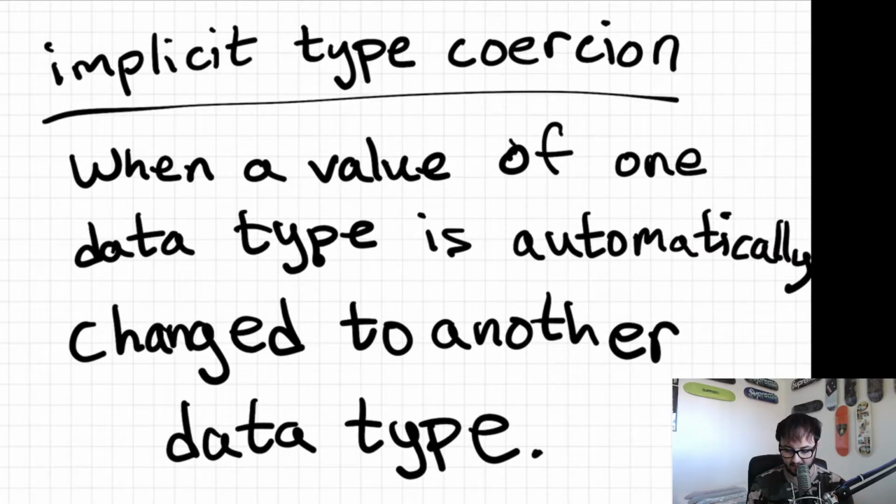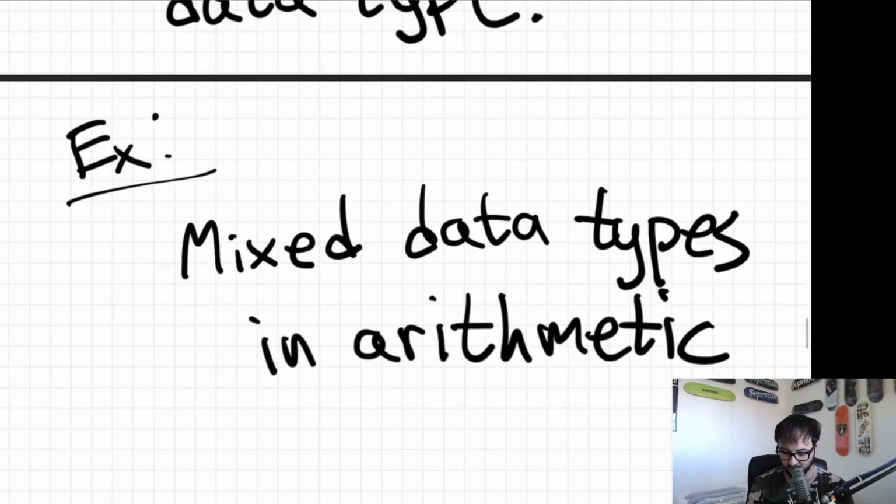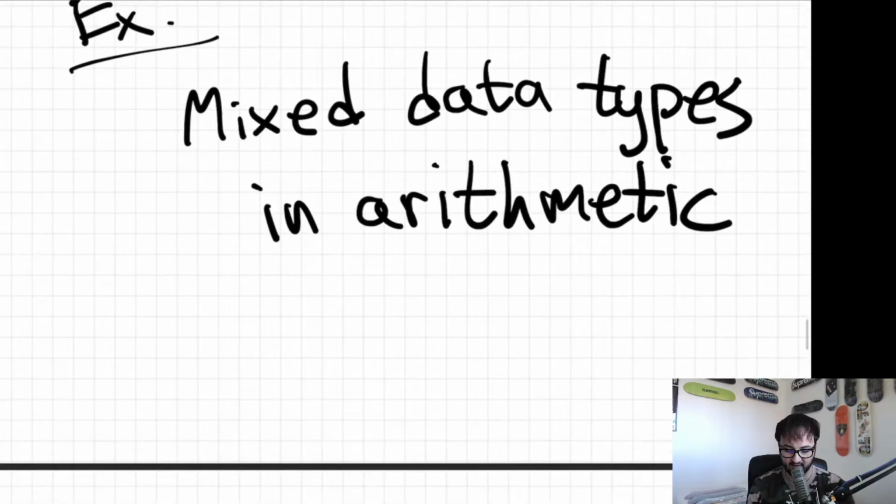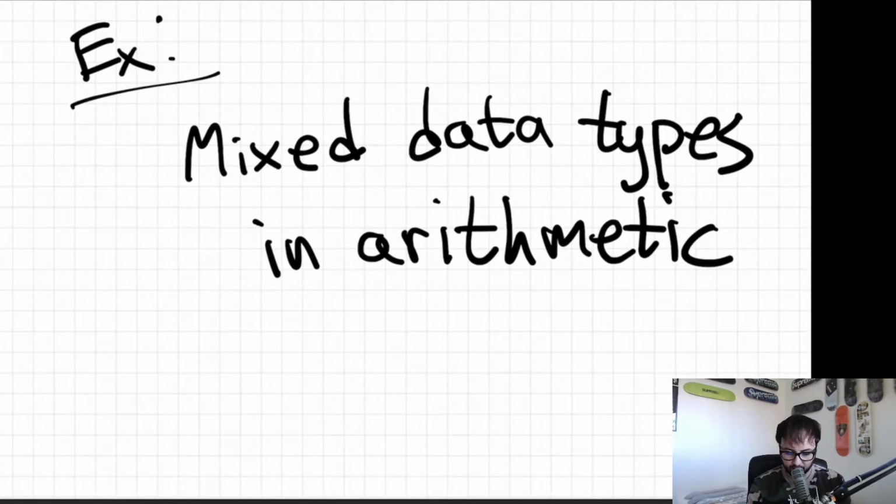So there's a couple types of type conversion, and the first is going to be implicit type coercion. And that's when we take a value of one data type and automatically change it to another data type. This is seen pretty much in mixed data types in arithmetic. This is the biggest example we've seen of this so far, and I think the only example.